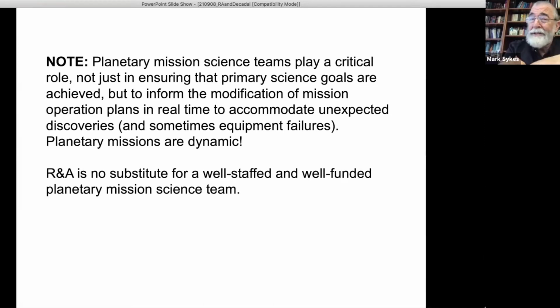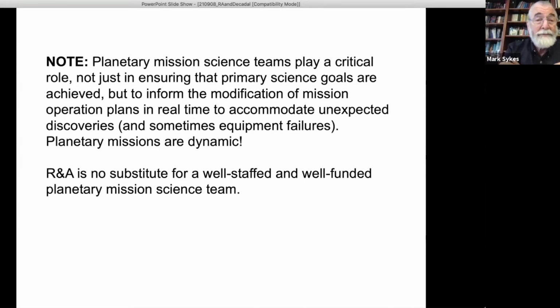Saw this a lot on the Dawn mission, where it's like, my gosh, we have these cryovolcanic structures. We need to make sure that we're going to be making good observations of these things. It's not something that we either predicted when we wrote the proposal for Dawn or when we launched. We had a baseline operation plan, and we had to make modifications to that to accommodate the science that we were discovering in real time.